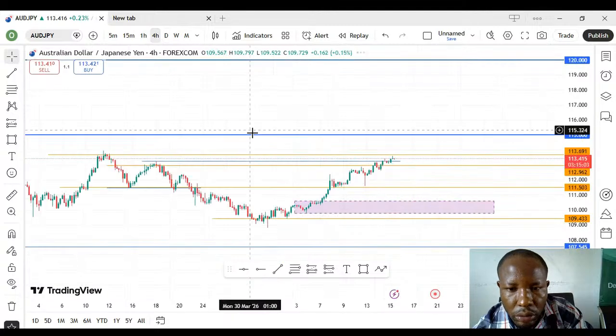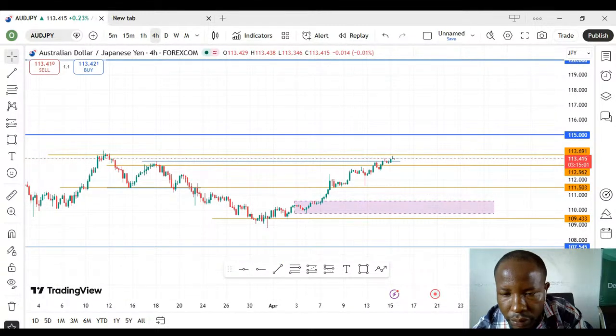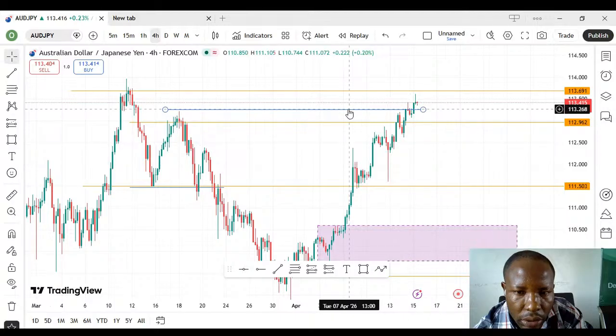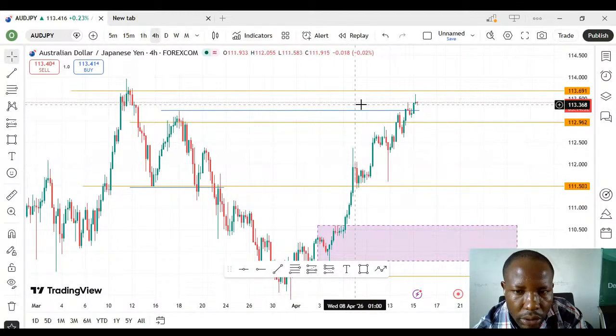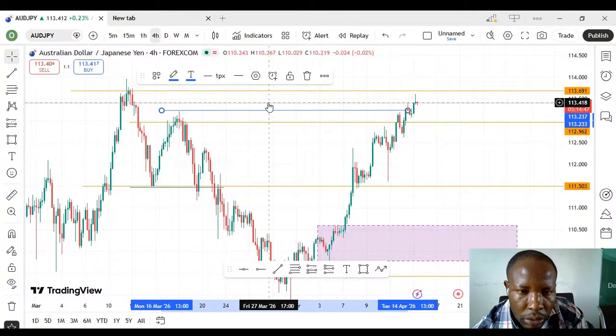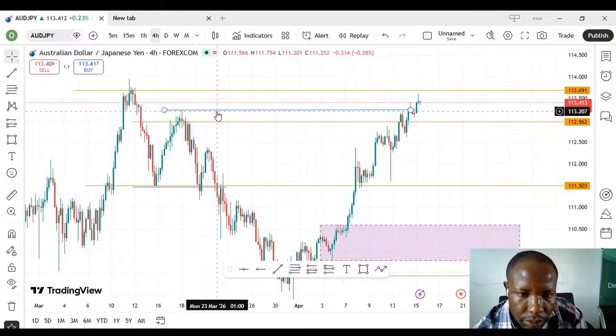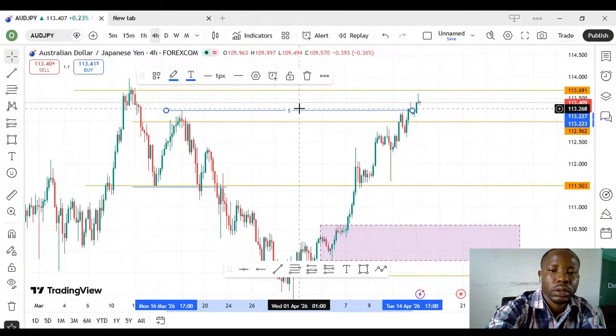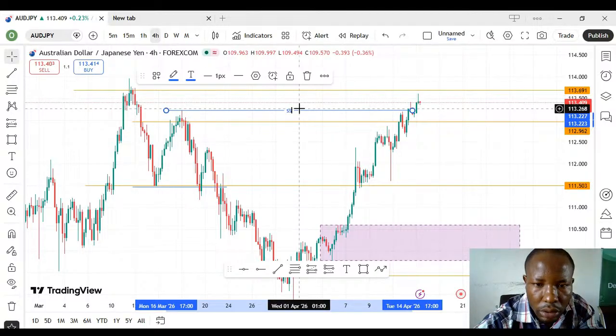So let's look at the 4 hours. I don't waste time in my analysis at all. So you already know that. We have a shift in structure here. I'll say a shift in market structure.